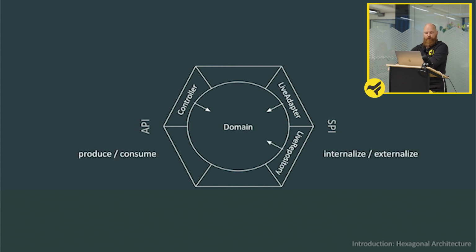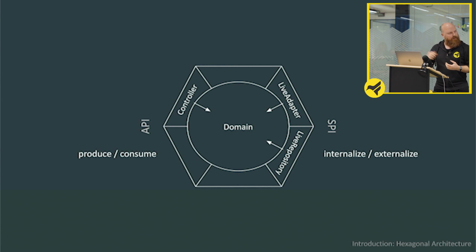And how would you implement this? So this is a concept about the implementation. Normally in a Spring Boot kind of programming style that we all probably know, or a model view controller style, you could say, okay, I have my controller or REST controller on the API side. That is my adapter into the domain.